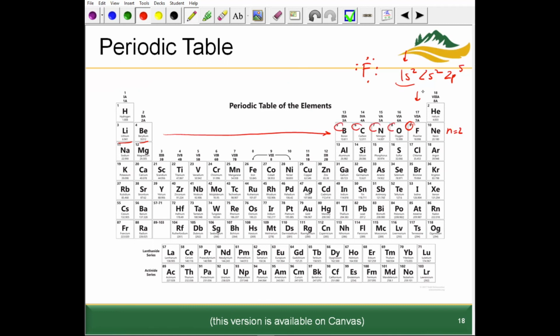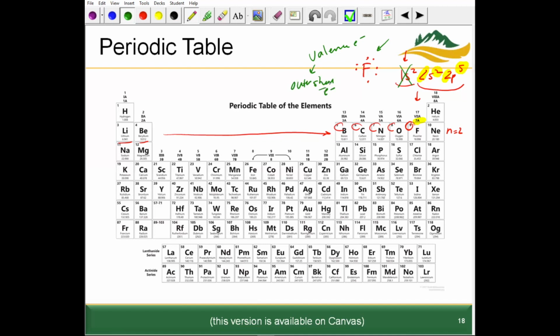Fluorine has 7 valence electrons because we define valence electrons as the electrons in the outermost shell. The outermost shell for fluorine is not n equal 1, it's n equal 2. In the outermost shell of n equal 2, we have 2 electrons here and 5 here. That's 7 valence electrons for fluorine. So again, we don't show these inner shell electrons in depictions like this. We're only showing the valence electrons, where the valence electrons are the outer shell electrons.